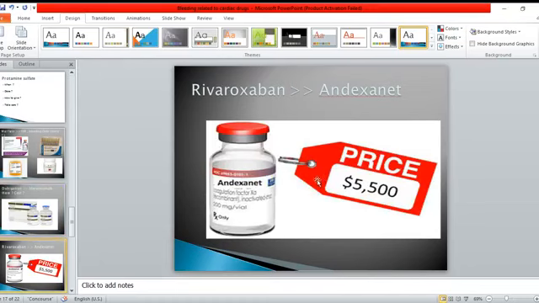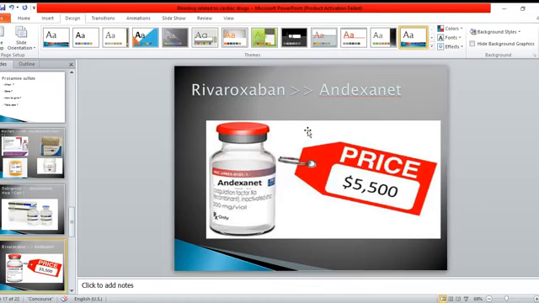Regarding Rivaroxaban, Rivaroxaban is quite an expensive drug, and its antidote, andexanet, is very expensive. Rivaroxaban is an oral factor 10 inhibitor, and as we already mentioned, you need to stop this drug at least 24 hours before any elective surgery or elective procedures that may be associated with bleeding risk.